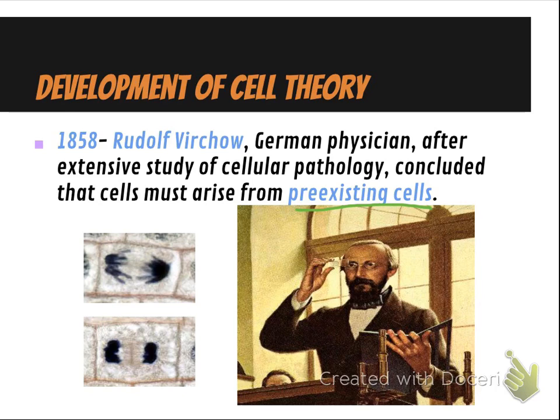So this was the final debunking of spontaneous generation, where life must arise from life. We can't have non-life giving rise to life. So this is our way of looking at this. These are some of the interesting things that he got to see under the microscope that we too will be able to see as we move through the year.